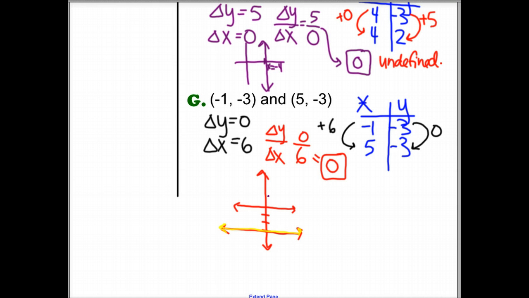So even though we got the same answer, our graph is going to look a little bit different. Up here, our graph is vertical when the slope is undefined. And when we have 0 down here, our y values are going to be the same, so it's going to be horizontal.